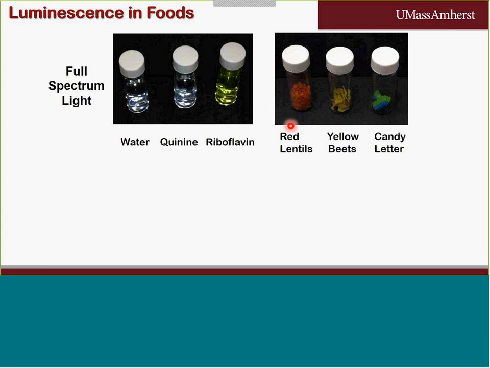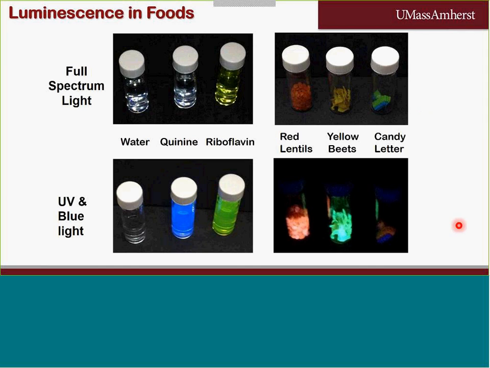In this case, for example, in the case of red lentils, and lutein in the case of yellow beets from betaxanthins, and in the case of candies, luminescent colors such as fast green. So you can see what happens when we expose them to blue light or UV light. You can see a persistent glow that spreads in most of the samples.